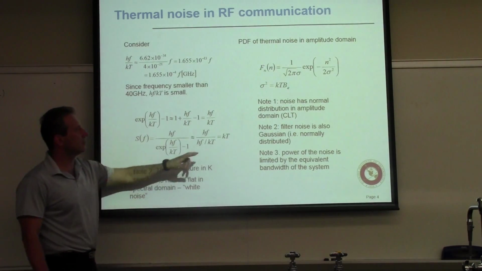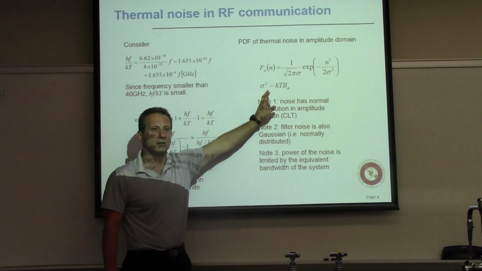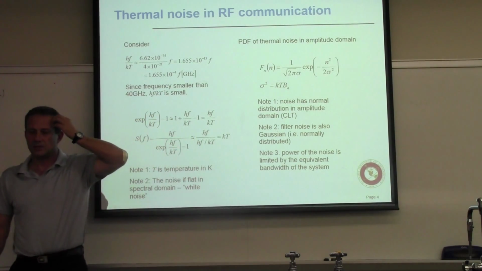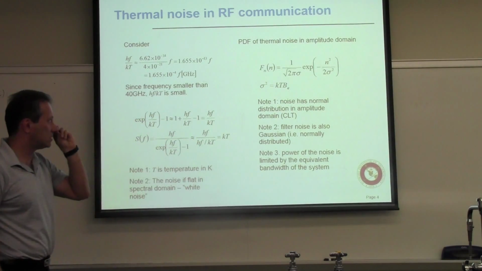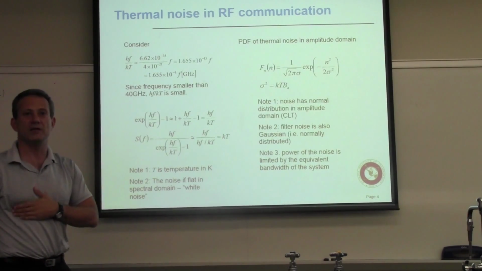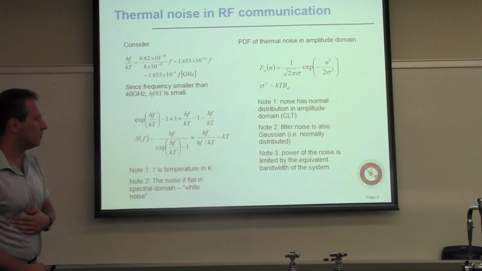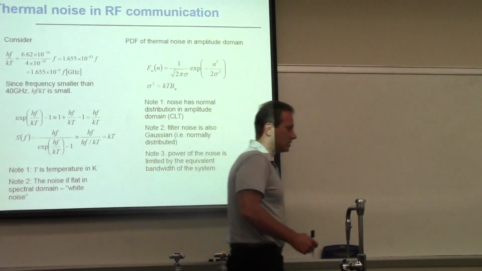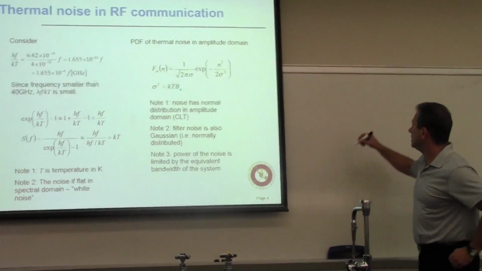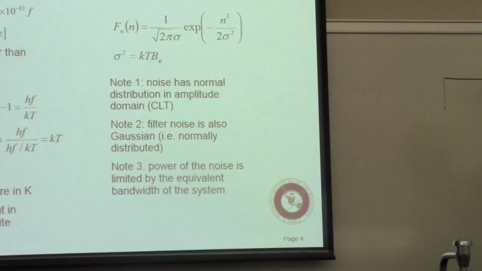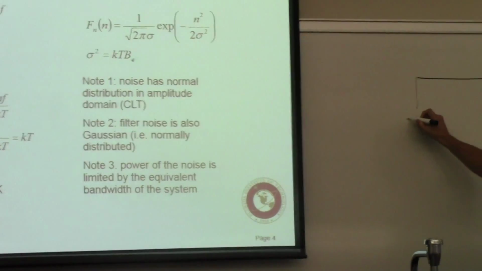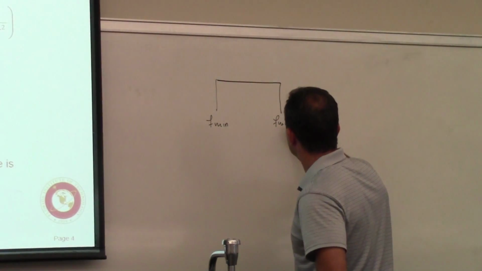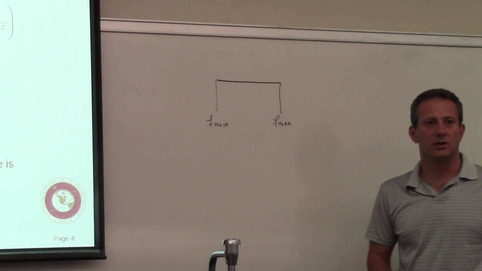Now the question that I have here is, what is this BE, the equivalent band? This is sometimes referred to as the noise bandwidth of the system. The way it works is, we think of a system as being a bandpass, right? This is the frequency range, f minimum to f maximum, that I reserve for the operation.